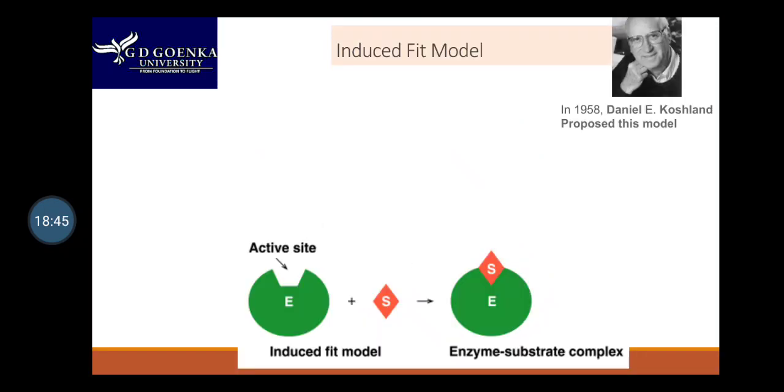The induced fit model was postulated by Daniel E. Koshland in 1958, and he is the person who proposed this model. Here we see in this image that in the induced fit model, the enzyme active site structure and the substrate structure are not similar to each other, but even so the substrate has bound to the active site and made the enzyme substrate complex.